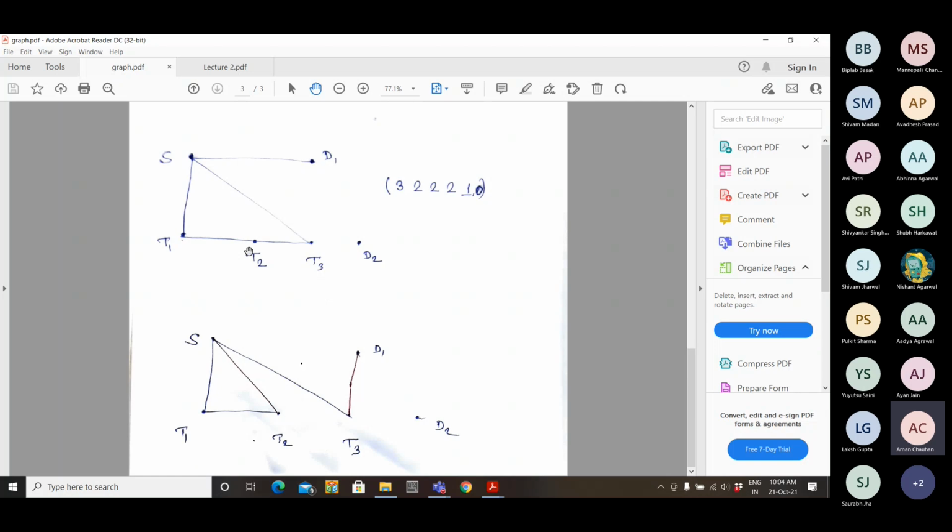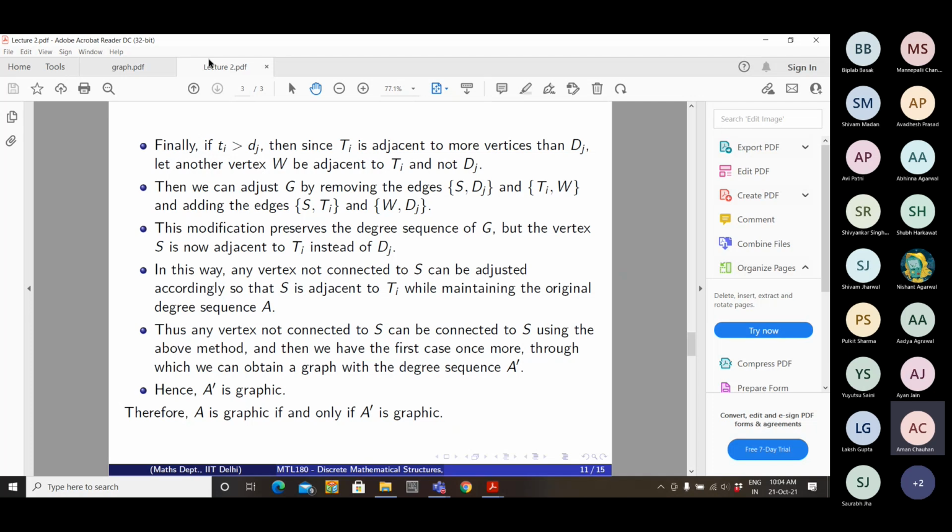Here I would like to make one point: since Ti is strictly greater than Dj, Ti is adjacent to more vertices than Dj, because the number of vertices adjacent to Dj is less than the number of vertices adjacent to Ti, because Ti has greater degree than Dj.